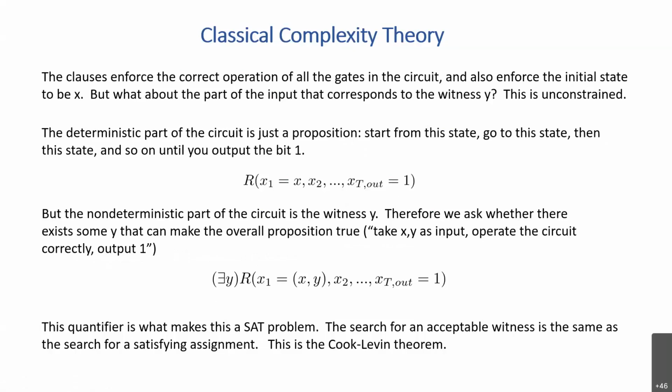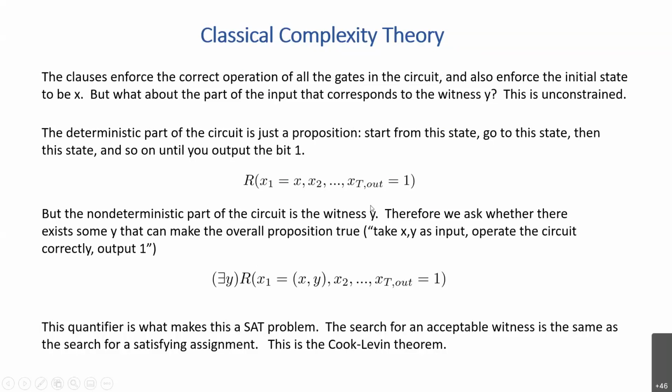Because we're going to map each x in the language to a constraint satisfaction problem. But what about the part of the input that corresponds to the witness y, right? That is kind of unconstrained. What constraints do we write down there? So this whole deterministic part of the circuit is a proposition, right?